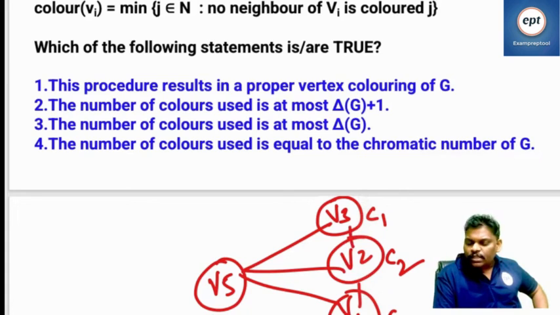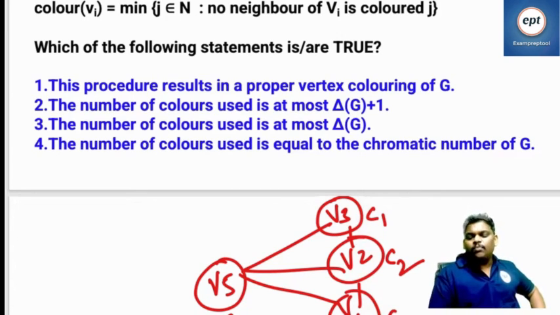C1, C2, C3 are there. So the color which they don't have, I can write C4, I can write C5, but the minimum number is C4.